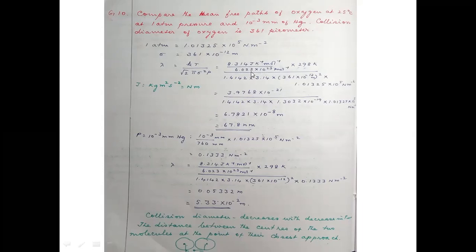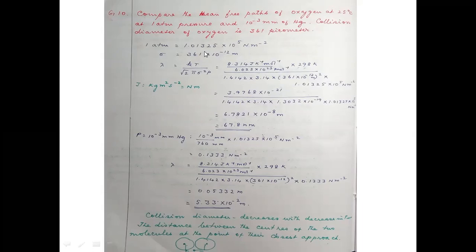So I have substituted here, multiplied by the temperature, at 25 degrees centigrade, therefore 298 Kelvin, divided by square root of 2, which is 1.4142, into pi value 3.14, into sigma square. Sigma is the collision diameter, which is 361 into 10 power minus 12 meter, squared, into the pressure.